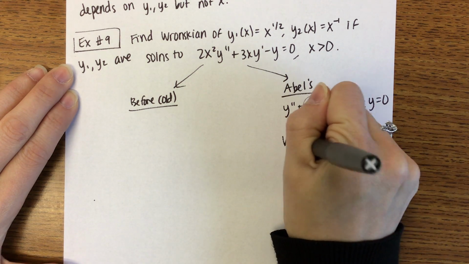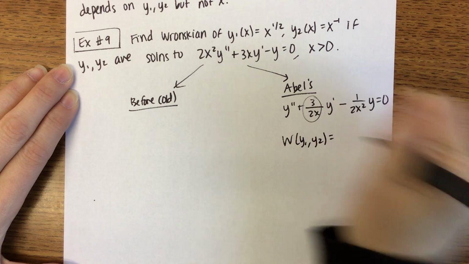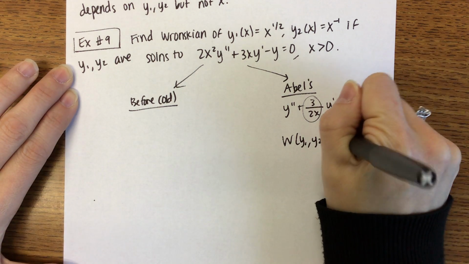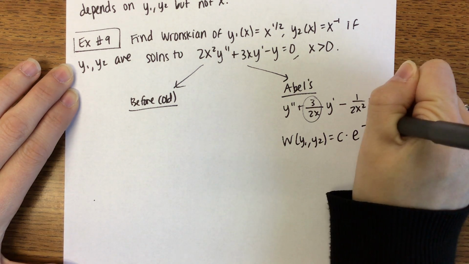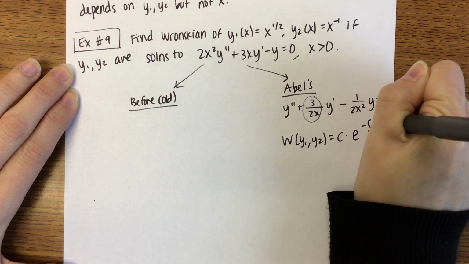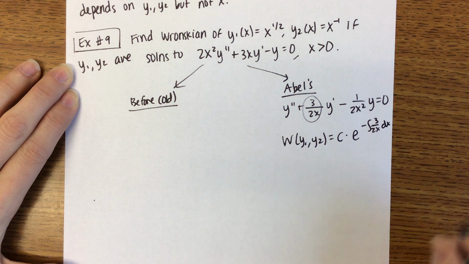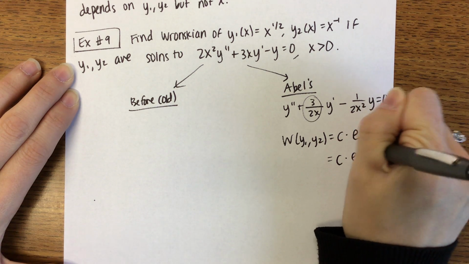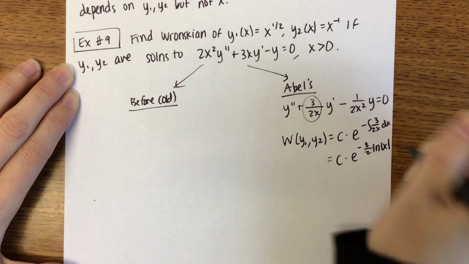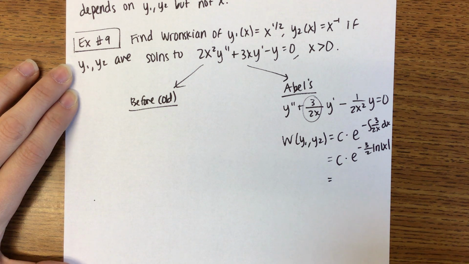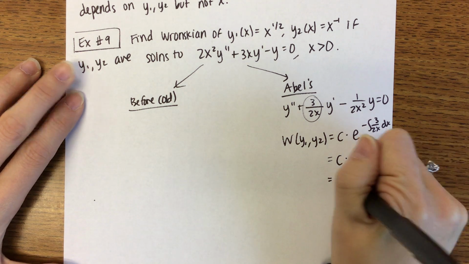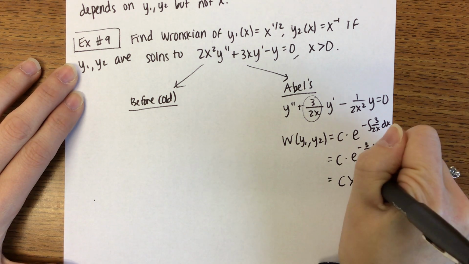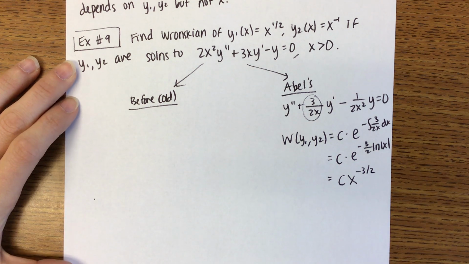So our Wronskian is going to be equal to c e to the negative integral of 3 over 2x dx, which is c times e to the negative 3/2 natural log of x. So we get c x to the negative 3 over 2.